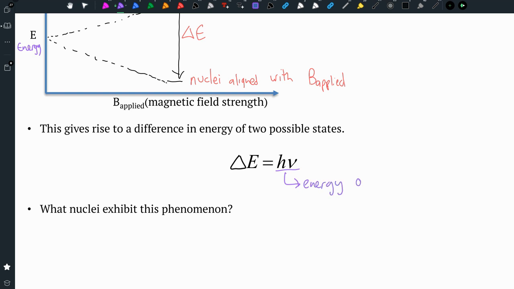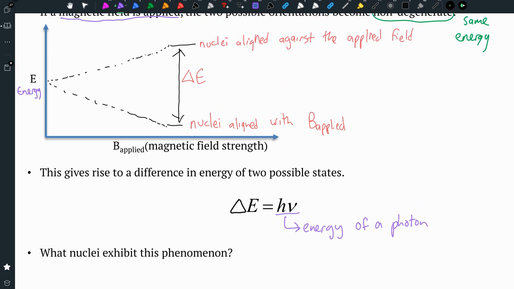So if you have those two different possible states, if I hit my nucleus with a photon that has exactly the same energy as the energy gap, what it can do is get absorbed by that nucleus that's, say, aligned against the field, and it can pop it up so that it's now aligned with the field, right?